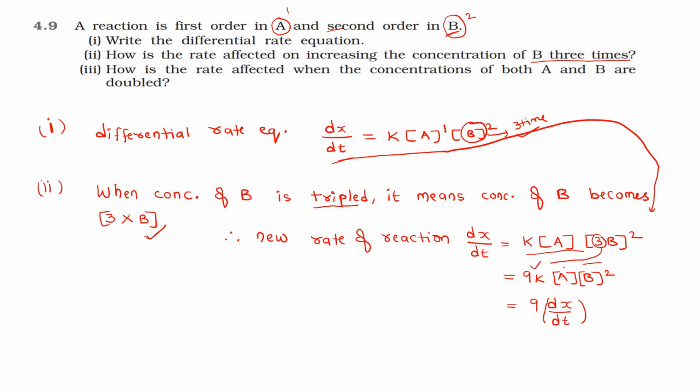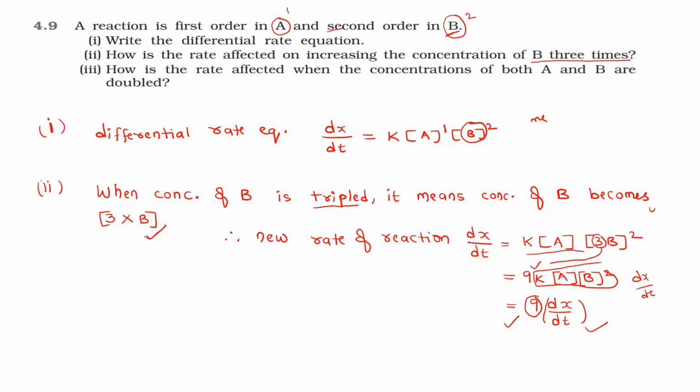Now this value will always be equal to dx by dt, so in place of this you write dx by dt. When you increase B 3 times, the rate of reaction increases 9 times.